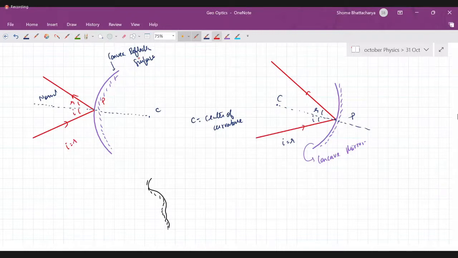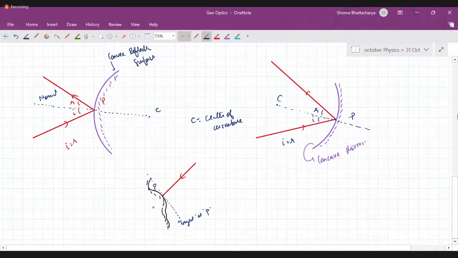Then what we have to do in such a situation geometrically to understand where the reflected ray will lie is that at the point of incidence, we have to first draw a tangent to the reflecting surface. So this is the tangent at the point of incidence.